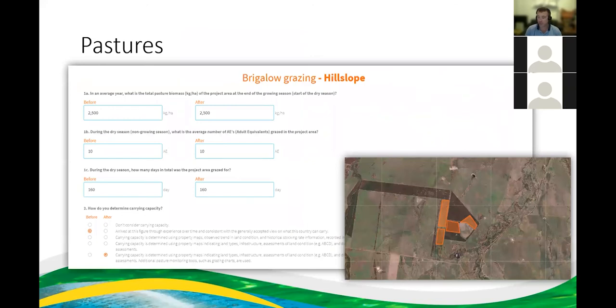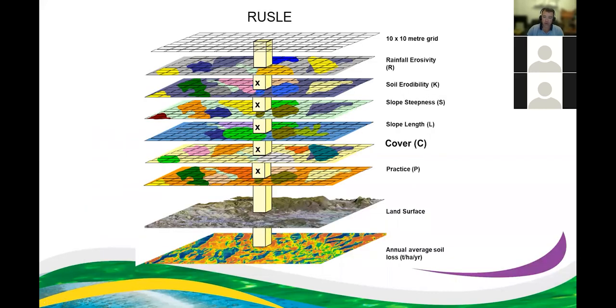So pastures or hill slope. Again, the same thing. You answer the standard paddock to reef questions here, before and after. You draw in your project areas here. And then what Projector does is it runs off and it solves the revised universal soil loss equation.